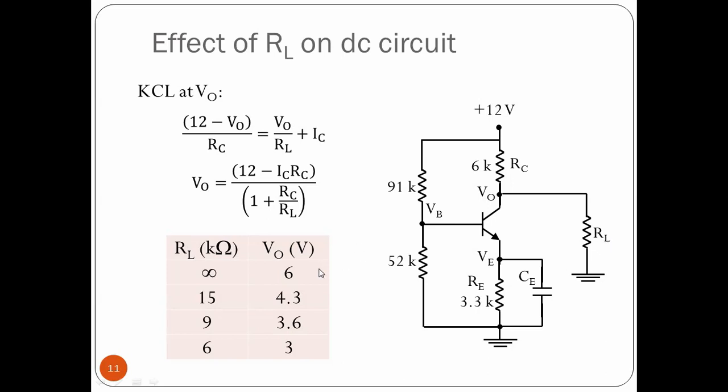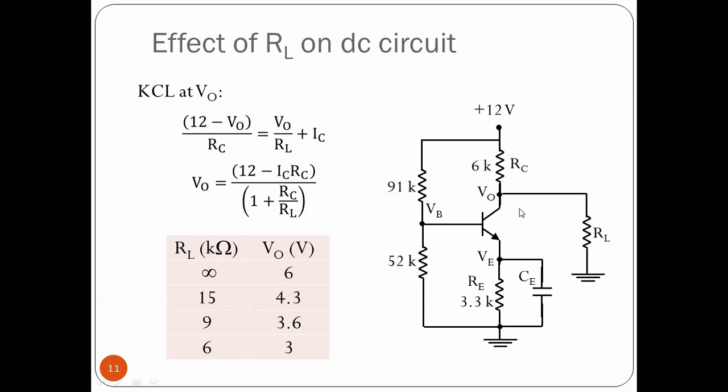Our purpose was to recognize or understand that when we connect RL, as the value of RL reduces, up to the point that the transistor is in the active mode, VO reduces. And what is the effect of VO reducing? Let's say VO has become 3.6 volts, and again, DC VO has become 3.6 volts. VE is 3.3 volts.